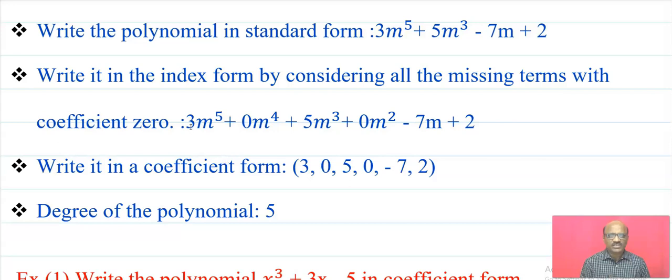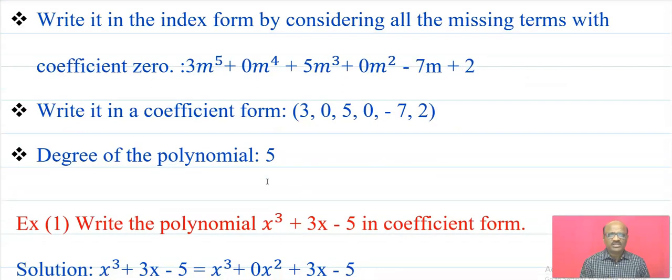See their exponents, in decreasing order: 5, 4, 3, 2, 1, 0. The coefficients are 3, 0, plus 5, 0, minus 7, and 2. What about the degree of the polynomial? The degree is 5.